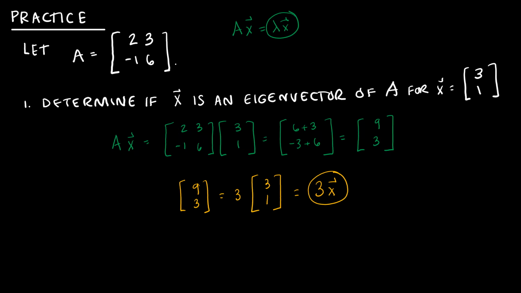Absolutely, because 3 is my eigenvalue, and 3 times x equals Ax. It fits the definition. So that's how you determine if some vector is an eigenvector: you multiply A times x and see if it's equivalent to some lambda times x.